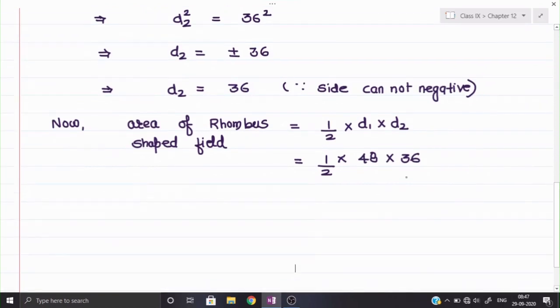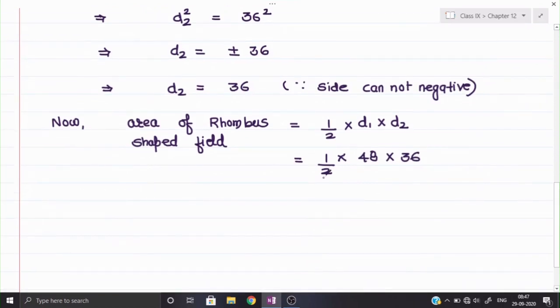So now further, if I simplify with 2, if I cancel, 2 ones are 2 and this 18 times we can cancel. So 18 8s are 144, 4 carry 14, and 18 4s are 72 plus 14, that will be 864.